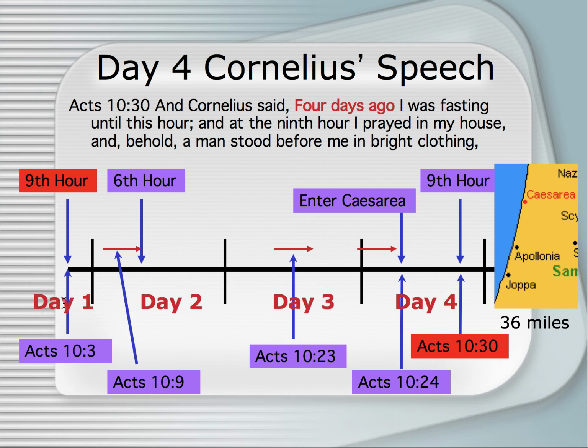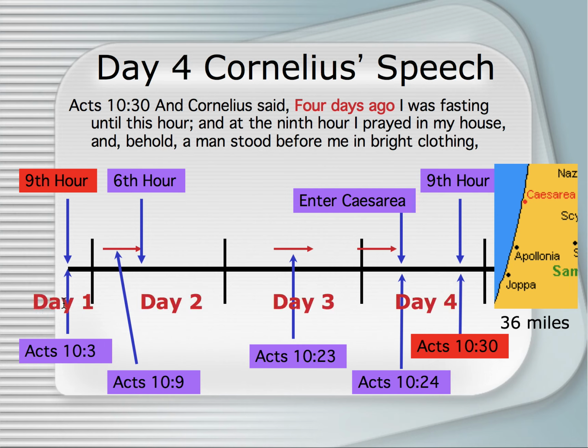Parts of 4 days. Not 96 hours, which is 4 times 24, but just over 72 hours. 3 times 24 is 72. So it's just over 3 days. But Cornelius is referring to those as 4 days.